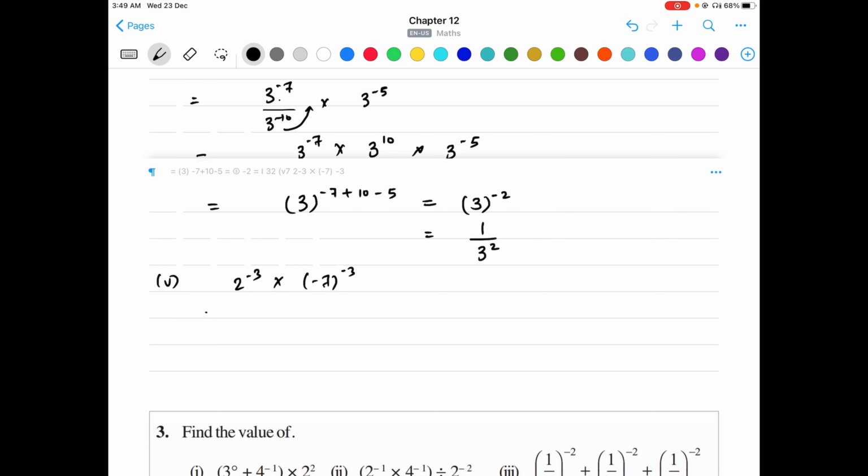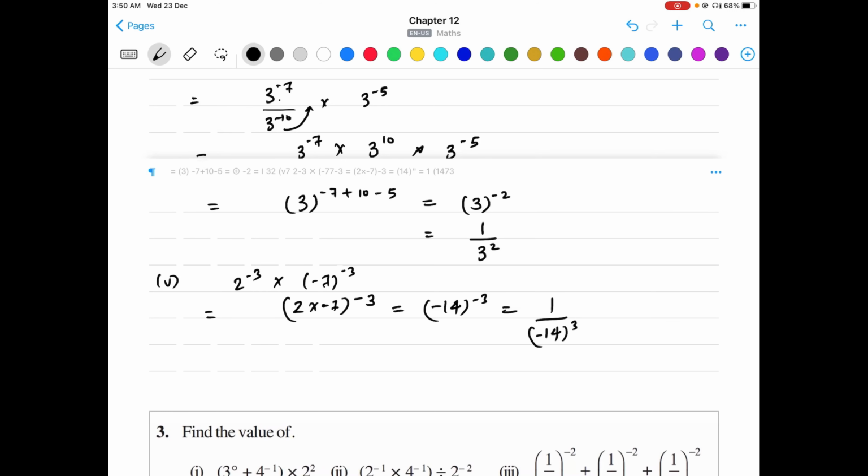Now the base numbers are different but the powers are same, so we can multiply the numbers, that is 2 into 7, with a common power, which is minus 3. So 2 into minus 7 is minus 14 power minus 3. When you shift this into the denominator, it will be 1 divided by minus 14 power 3. So that's the answer for this one, having positive exponent.